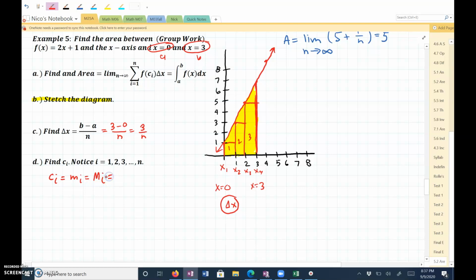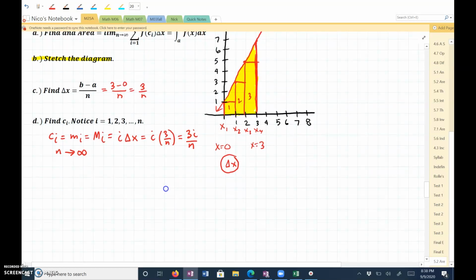They're going to be equal to each other when n goes to infinity. So this is going to be i times delta x, which would be i times 3 over n, which would be 3i over n.